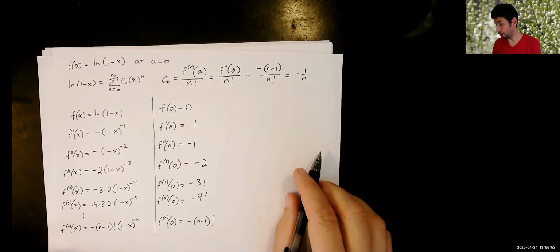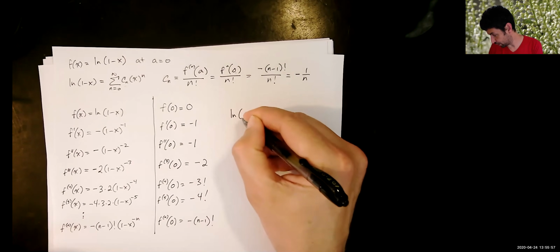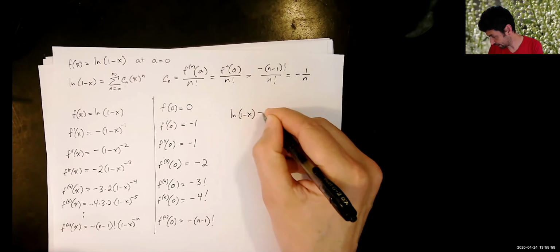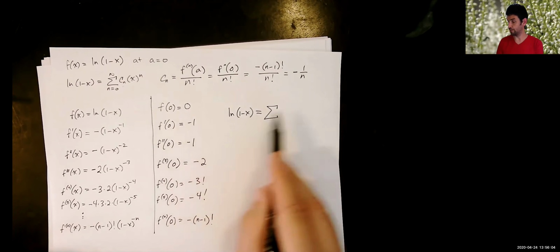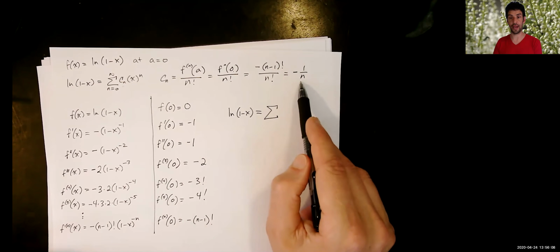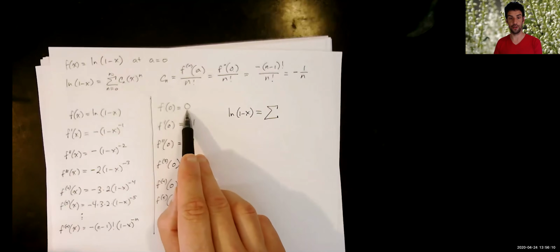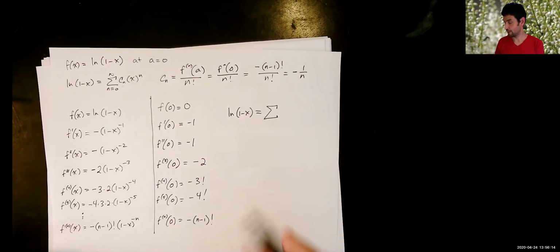Okay. So putting this all together, I have the natural log of 1 minus x is equal to, now here's what I'm going to do. All of my terms, the coefficients fit into this pattern, except for the first one, right? When n equals 0, 1 over 0 is not 0. There's an easy fix. I just start at 1.